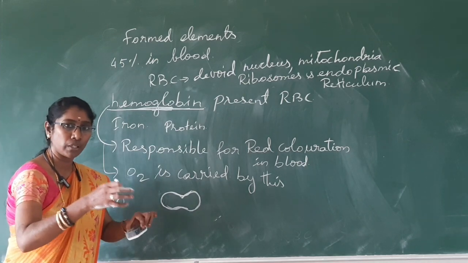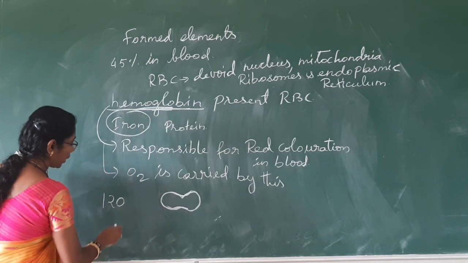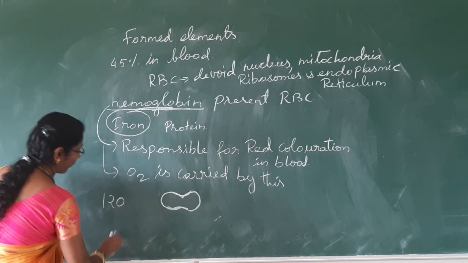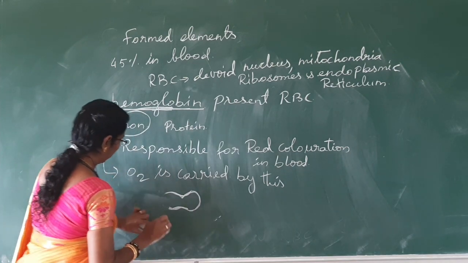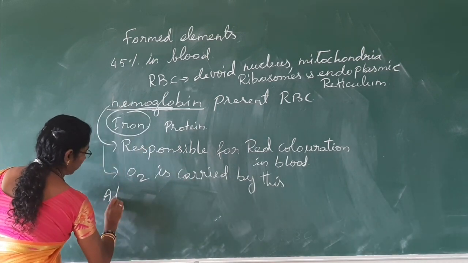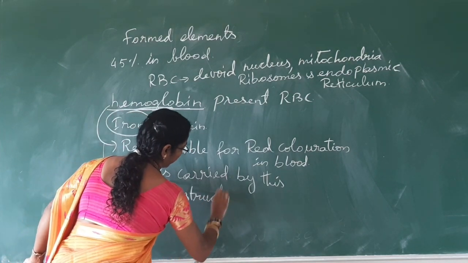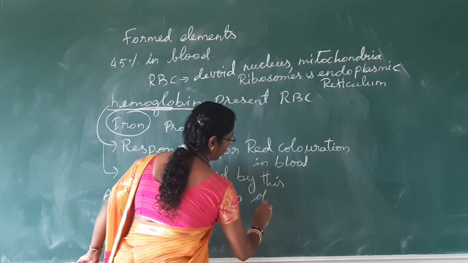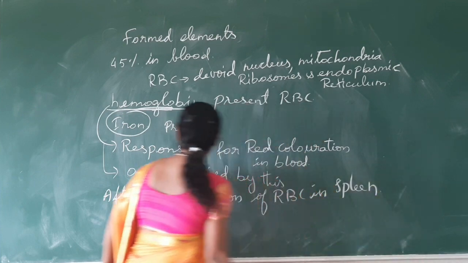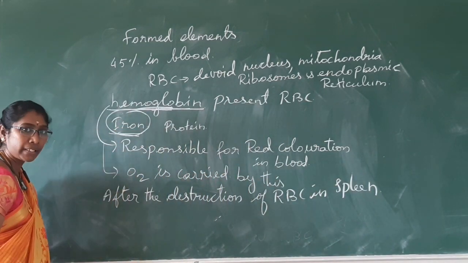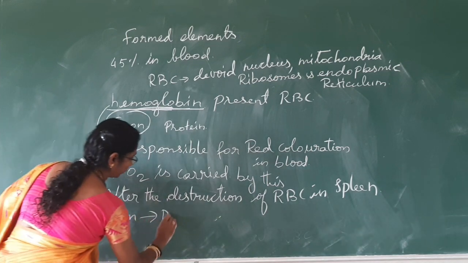After the destruction of RBC in the spleen, the iron present in the hemoglobin will go to the bone marrow.